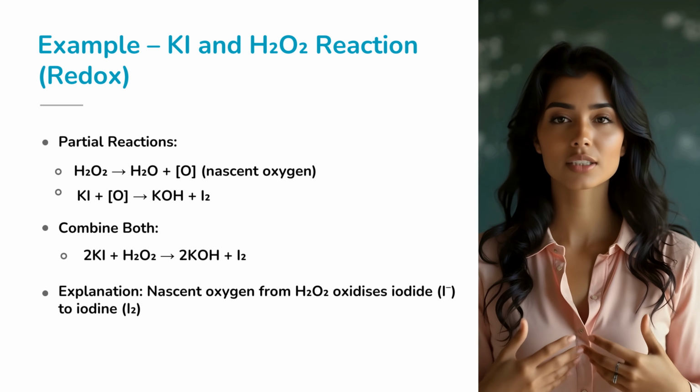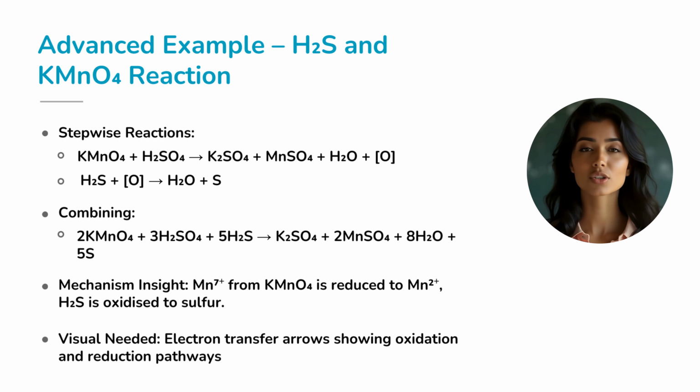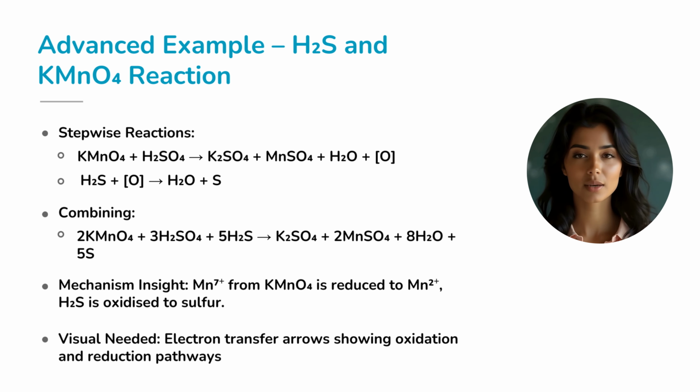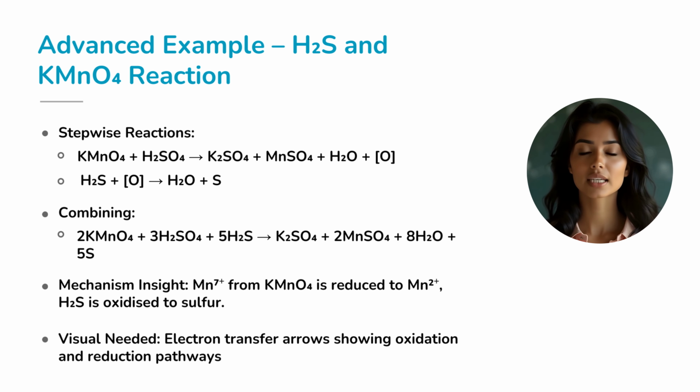Now let's try something more advanced, the oxidation of hydrogen sulfide by potassium permanganate in acidic medium. Step 1. Acidified potassium permanganate releases nascent oxygen: 2KMnO₄ plus 3 H₂SO4 gives K2SO4 plus 2 MnSO4 plus 3 H₂O plus 5 nascent O. Step 2.